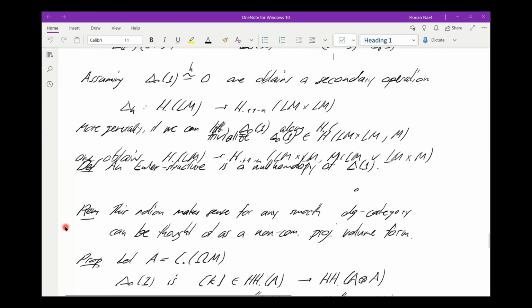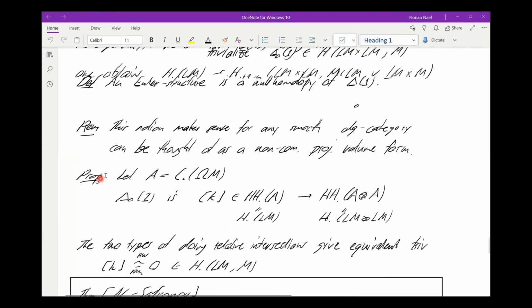So now back to our case. As was explained before, to get this string topology TFT, what we're supposed to put in is the algebra of chains on the based loop space. In that case, we can actually say something more about this element. That element is obtained as follows.